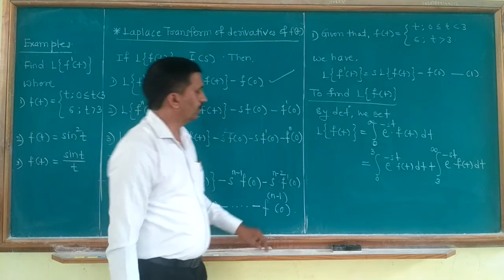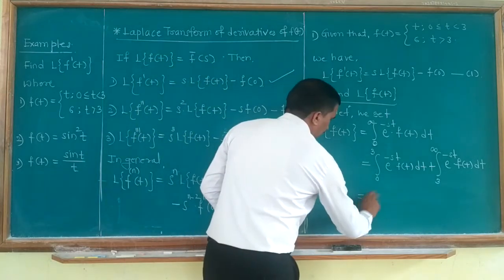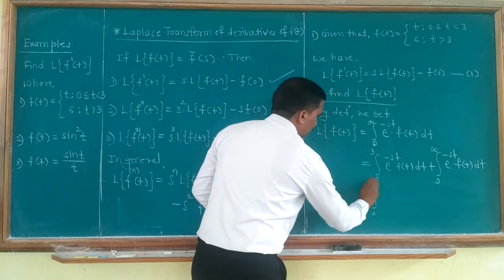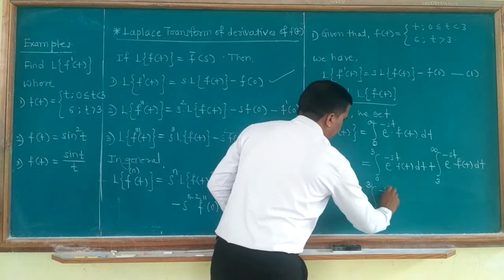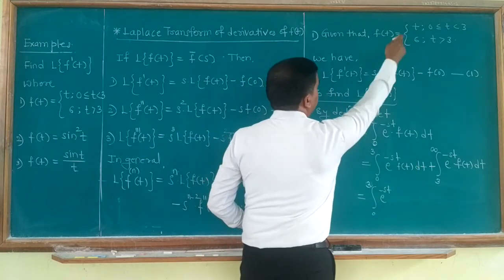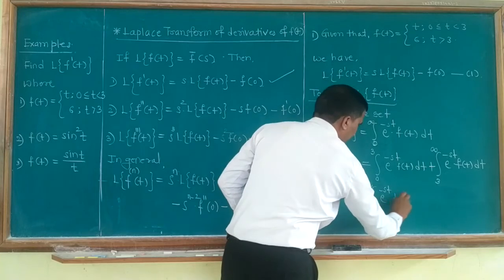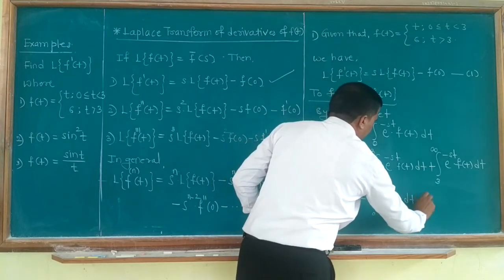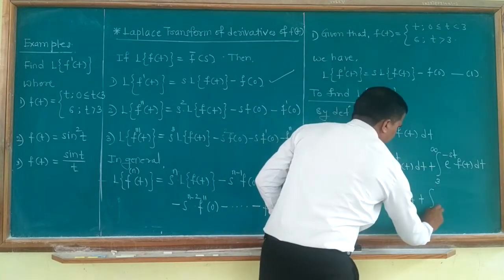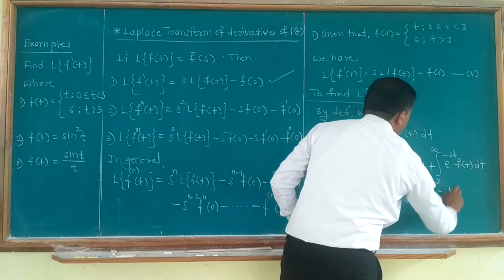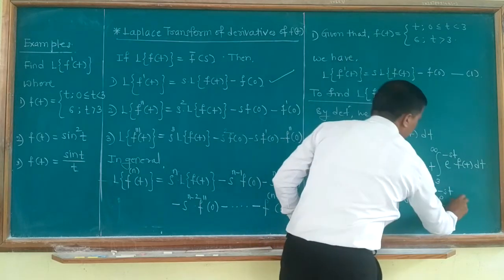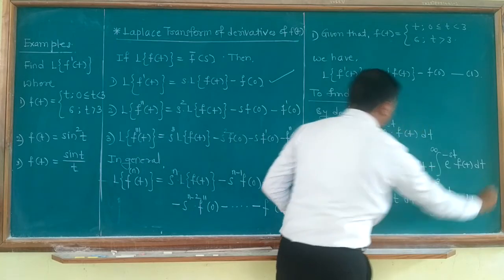Now substituting the values, this is equal to integration 0 to 3 e raised to minus st, and the value of f of t in the interval 0 to 3 is t, dt, plus integration 3 to infinity e raised to minus st, and the value is 6, into dt.